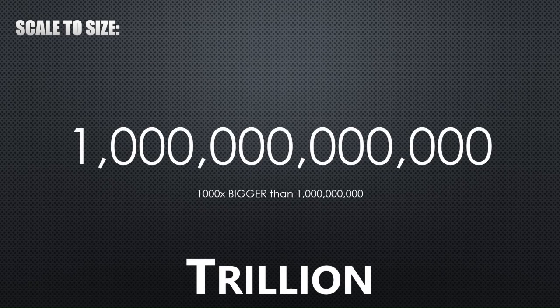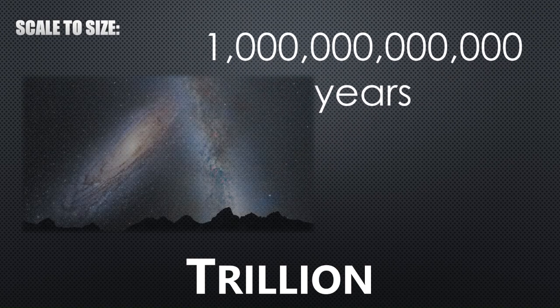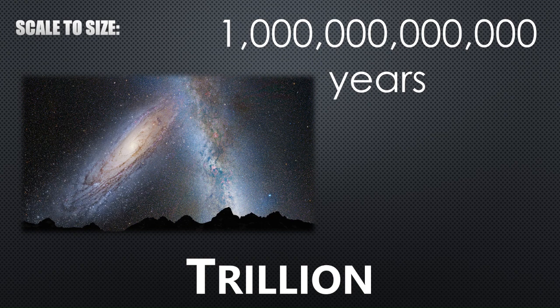Now that you've got a perspective of 1,000 times, how much is it actually? How about we now put it into kind of scales? So first things first, what if we say 1 trillion years? One thing for sure, in 1 trillion years, the Andromeda and our Milky Way galaxy would collide.